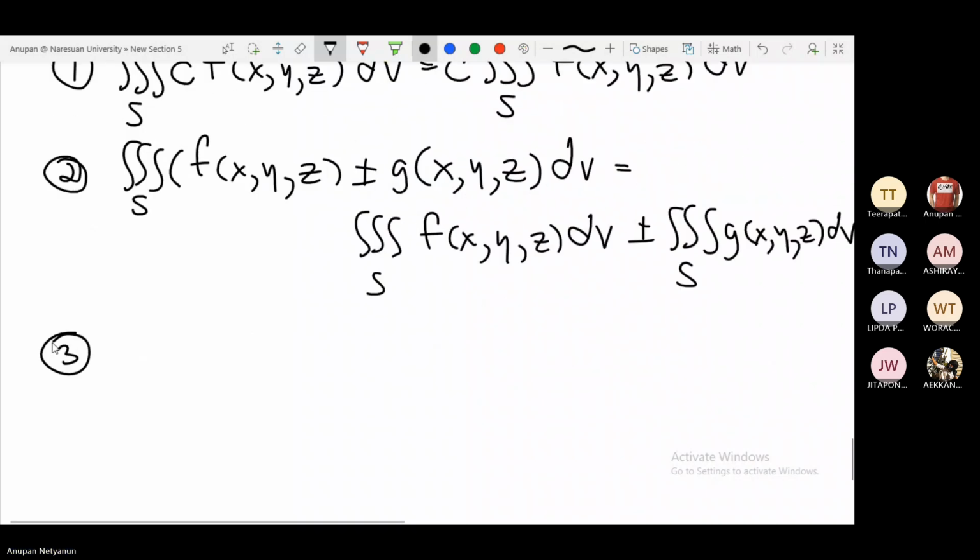Now, third. Let's say that this triple integral is on a solid object S. Let's say your S has a shape like this.